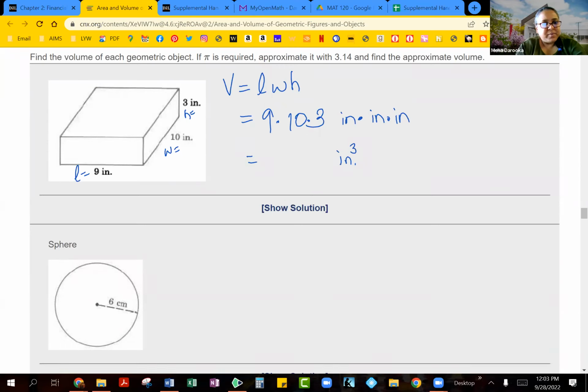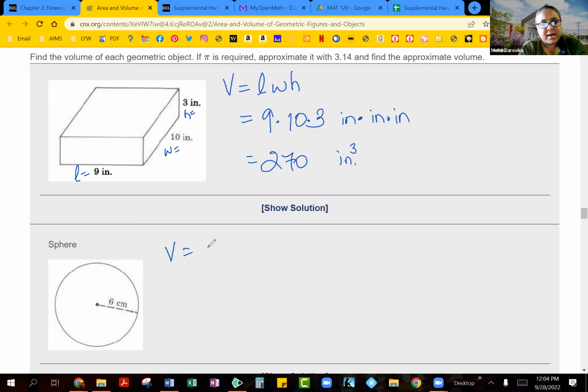Sabrina, very good. Brooks, very nice. Sarah, very good. Kendall, yeah, perfect. So 9 times 3 is 27. 27 times 10 will give you 270, and that would be cubic inches. Perfect, guys. Wonderful. So that is our rectangular solid.